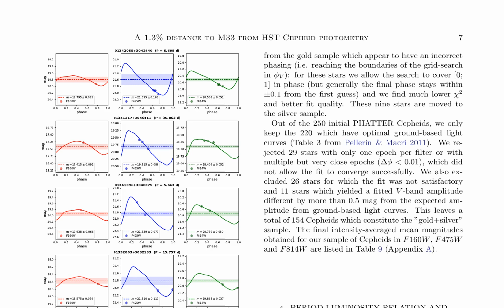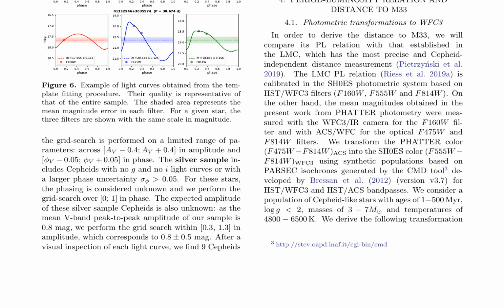The transformation equation, F555W−F814W, WFC3 equals 0.065 plus 0.658 times F475W−F814W, AX, is derived from a sample of Cepheid colors with a mean value of F475W−F814W, AX equals 1.41 mag and standard deviation of 0.29 mag. This results in a mean F555W−F814W, WFC3 color of 0.99 mag with a standard deviation of 0.19 mag.